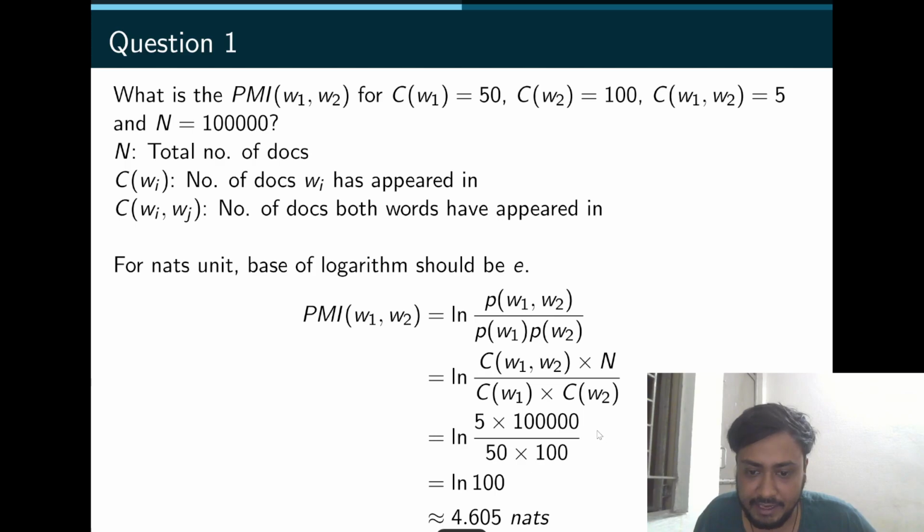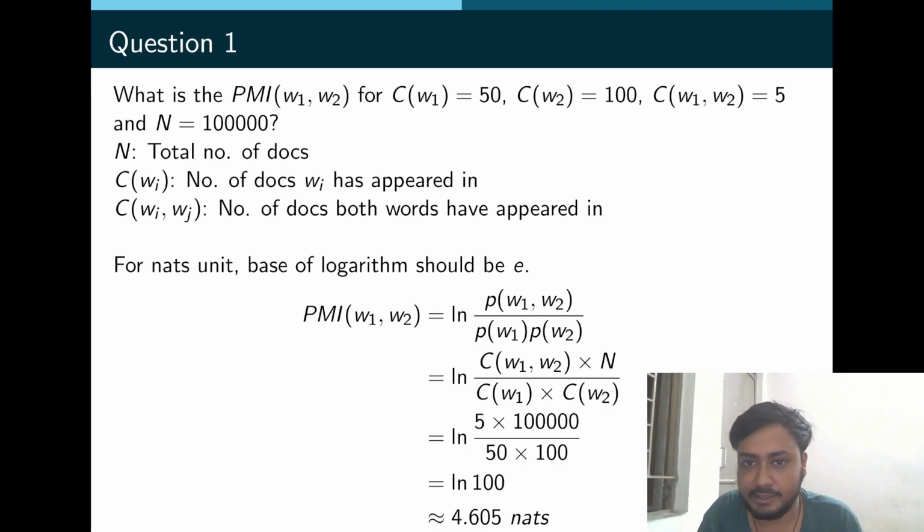The inner part is easy to calculate, coming to 100, and then you have to take ln 100, not log base 200. Here you have to do ln. You know the formula, that is not a problem. The trick of the question is in the NATS unit. For the NATS unit, it should be ln.